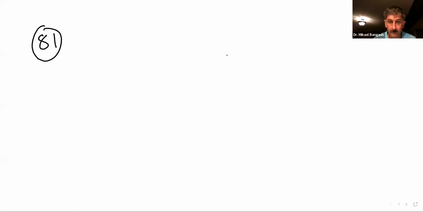Now, what do we have here? They are giving us the amplitude, the initial amplitude and the final amplitude. The initial amplitude is 27 pascals.